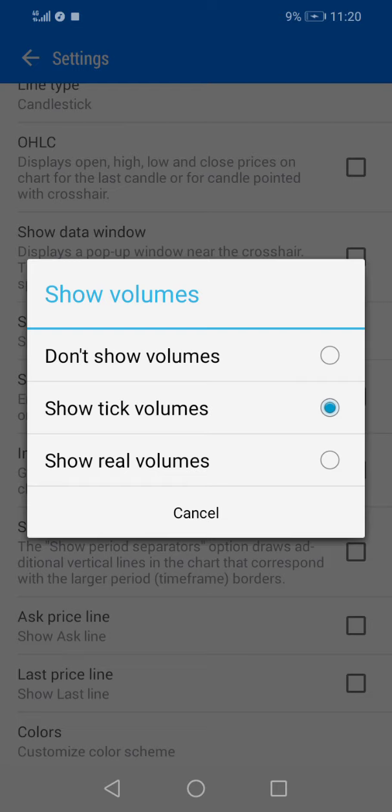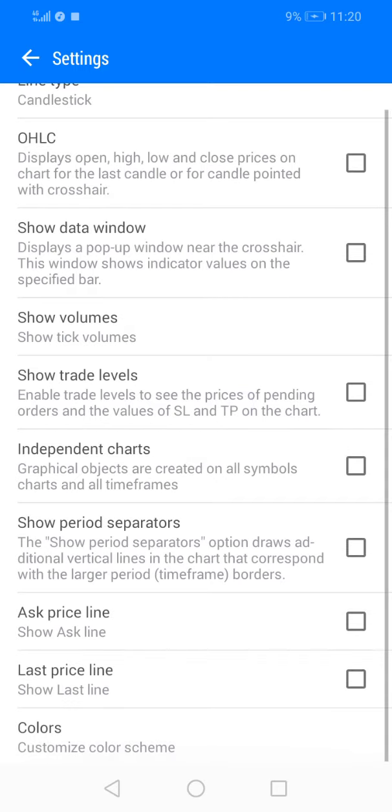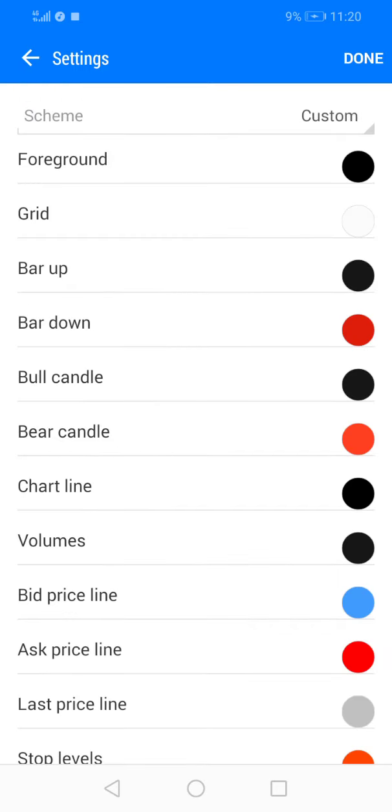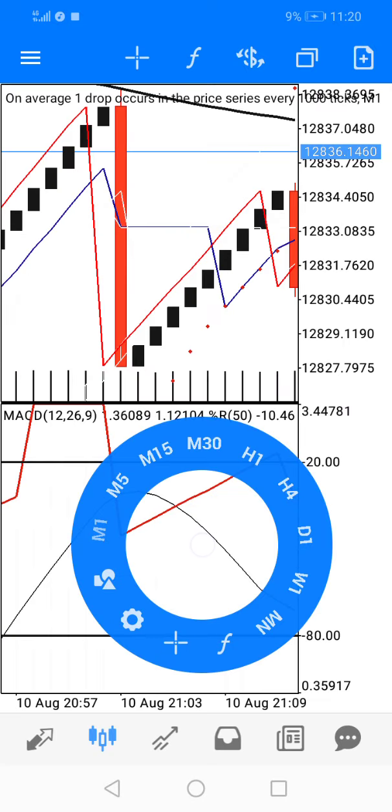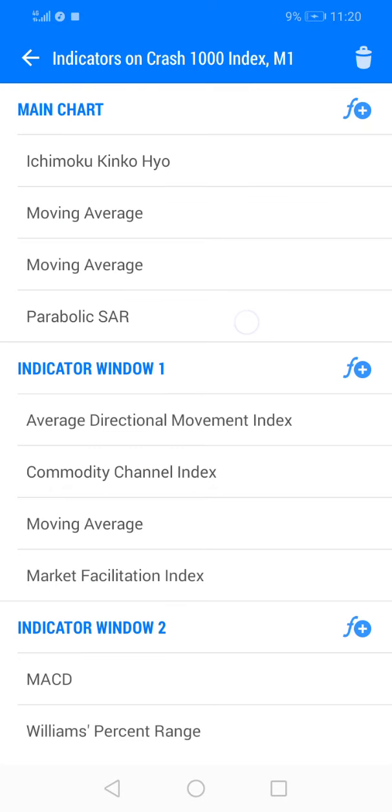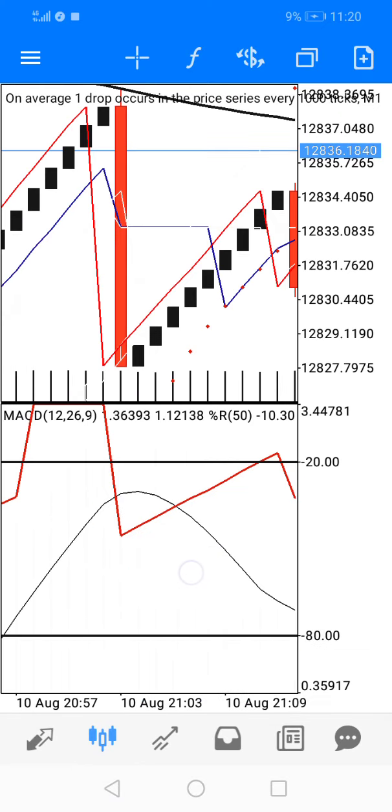This is actually for the scalp strategy for the small accounts, those $5 accounts, how we grow them. You click on show tick. Then colors, I set the volumes on color 10. These are the settings for this window.